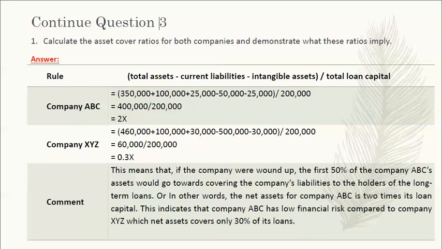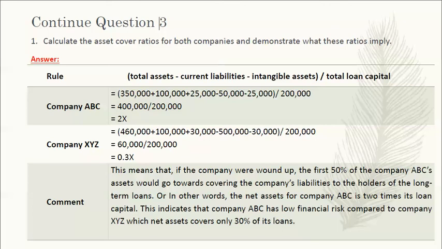So company ABC will have 50% of its assets to cover the company's liability or long-term loans, while company XYZ will have only 30% of its net assets to cover its long-term loans. So by this, company ABC will have low financial risk compared to company XYZ.